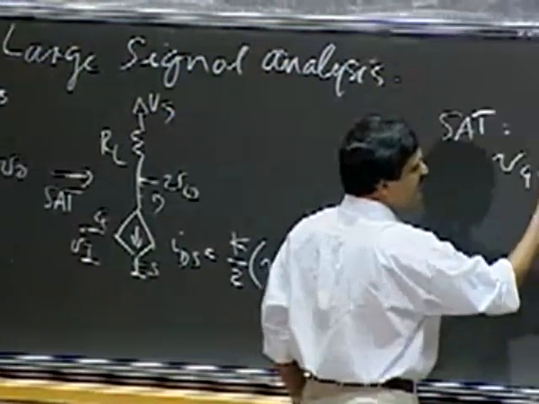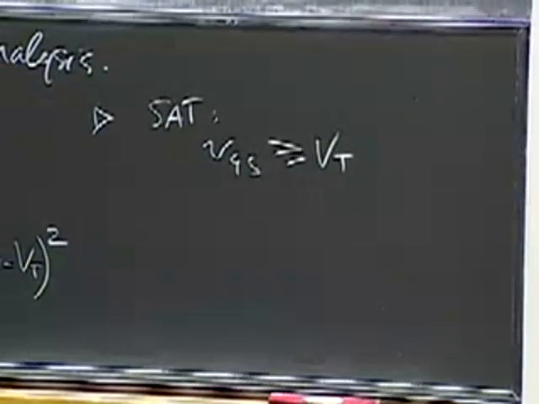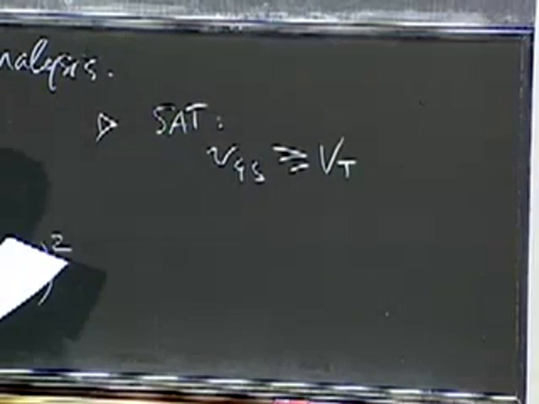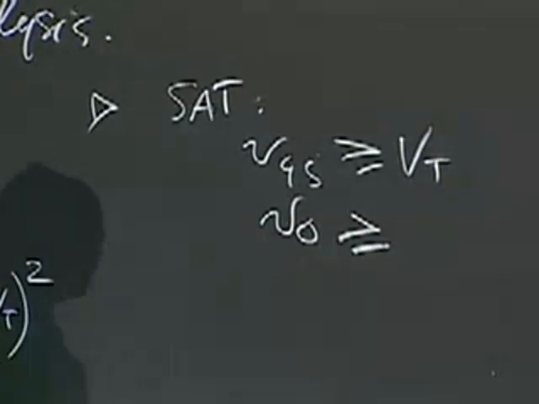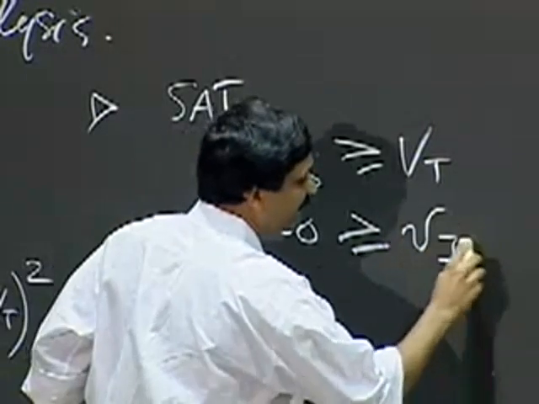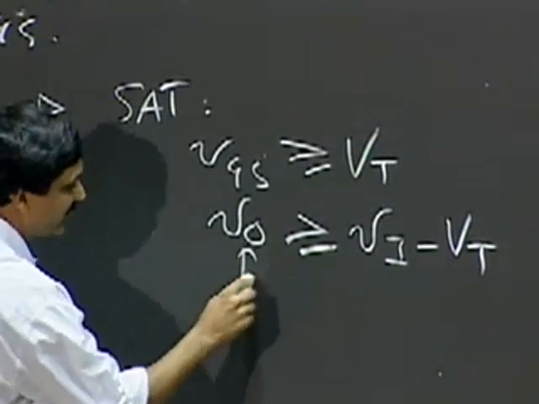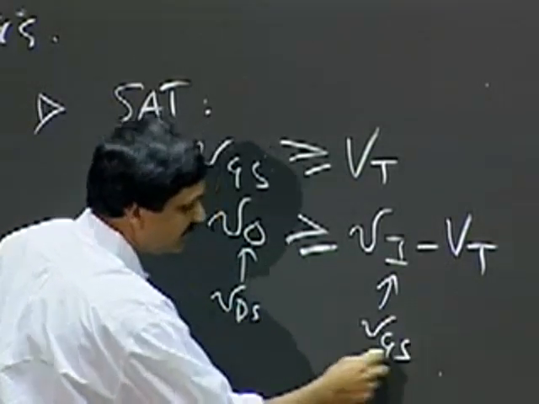So VGS should be, for the MOSFET, greater than VT. Okay? And the second one was that the output voltage needed to be greater than the input voltage minus 1 threshold drop. Okay? And this was the same as VDS for the MOSFET. This was the same as VGS for the MOSFET.